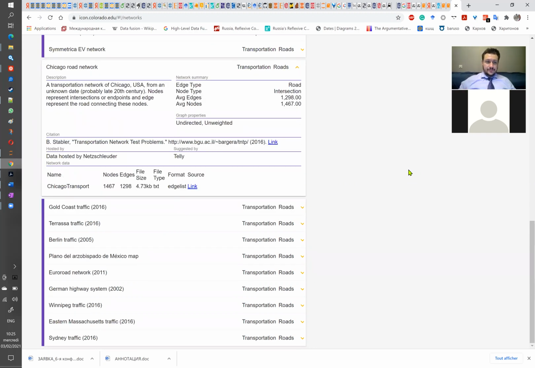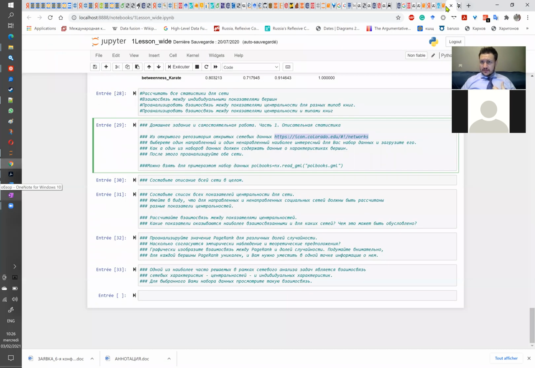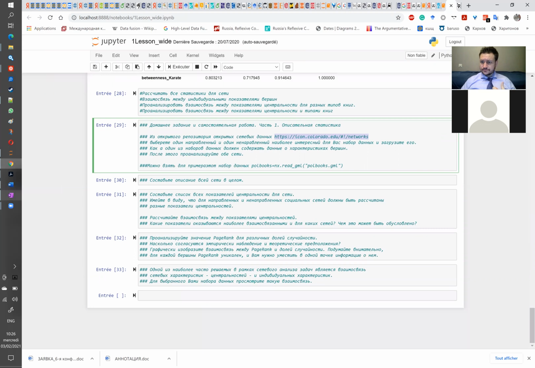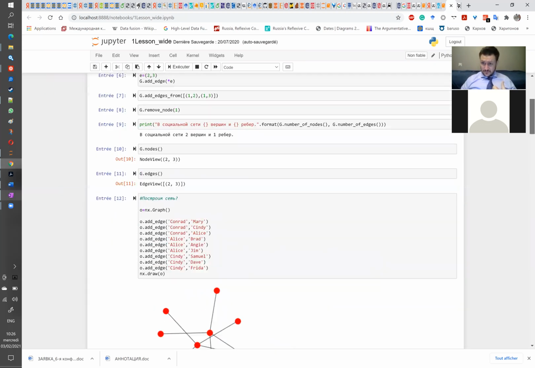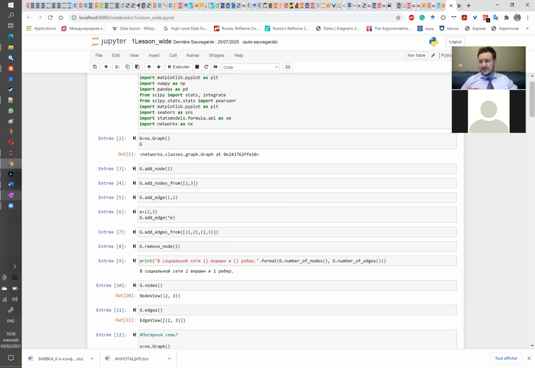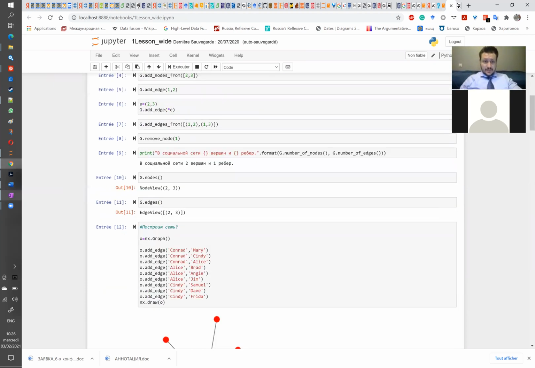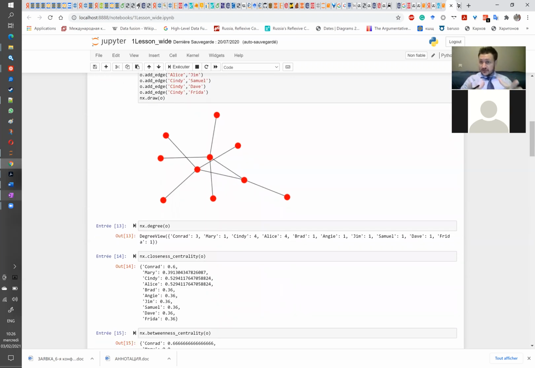Okay, and we can download an edge list and so on for our problem. Here is an example of such a program. It's also the solution of the game. It's just a part of my other course about social networks, and we can have such a graph which we have downloaded from this or another source.